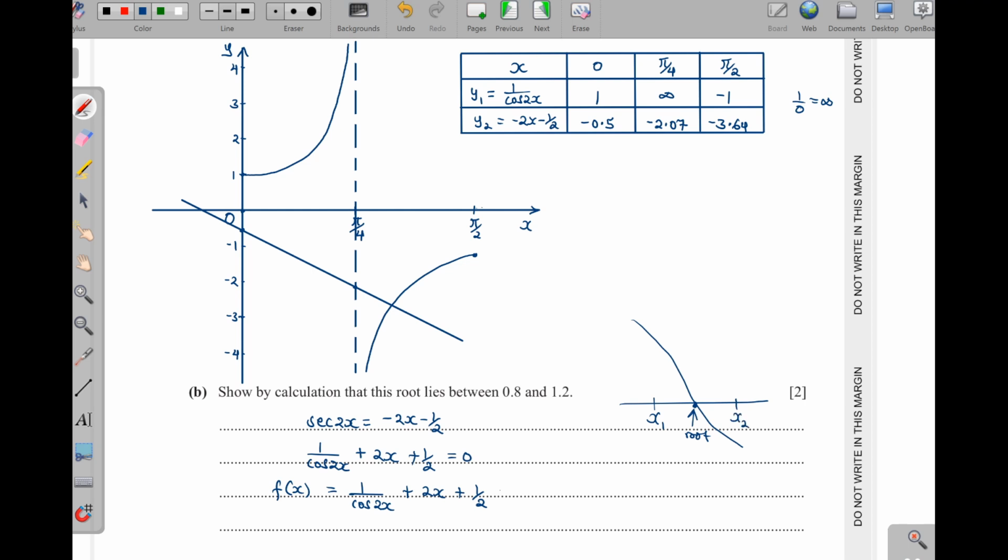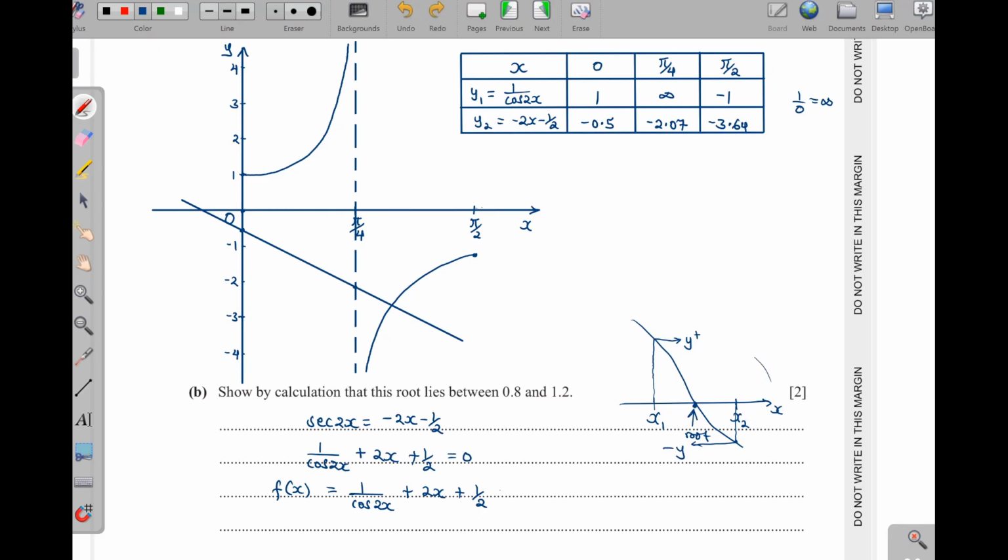When I substitute x1 here, I will get a y-coordinate which is above the x-axis. I'm just giving an example, okay? Since it is above the x-axis, this one is positive. And then when I substitute the other one here, it will correspond to a y value which is going to be negative, because it is below the x-axis.